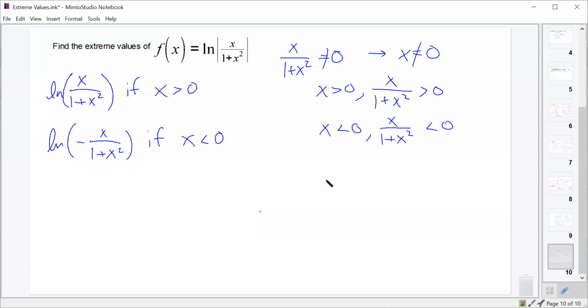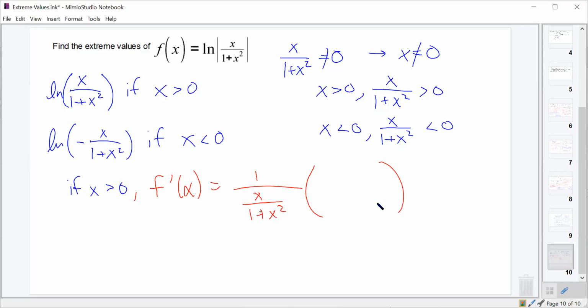True. All right, so now we're finally ready to take our derivative. So our derivative, if x is greater than 0, f prime of x, well, let's see, it's natural log of x over 1 plus x squared. So to take the derivative of natural log of u, it should be 1 over u times the derivative of u, and that's the derivative of this x over 1 plus x squared, which we have to use the quotient rule for.